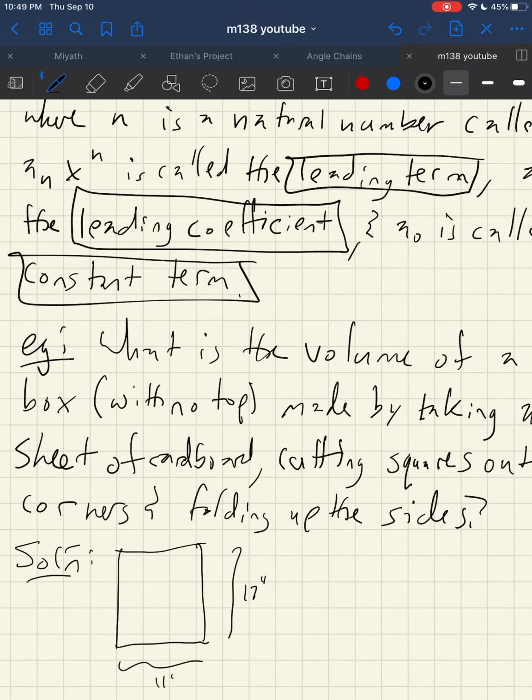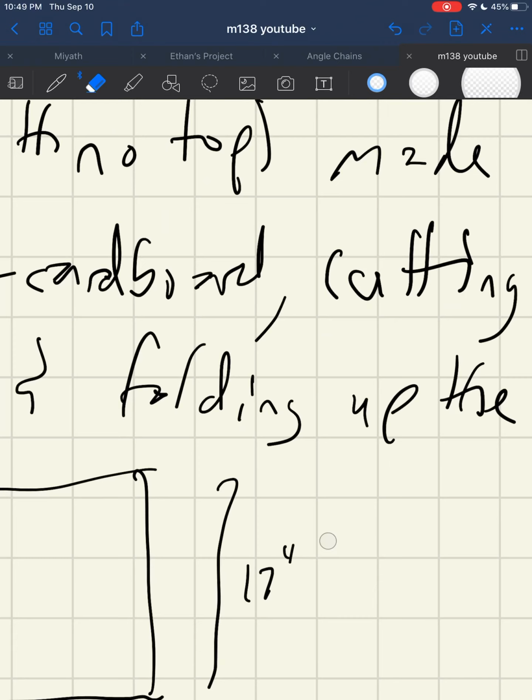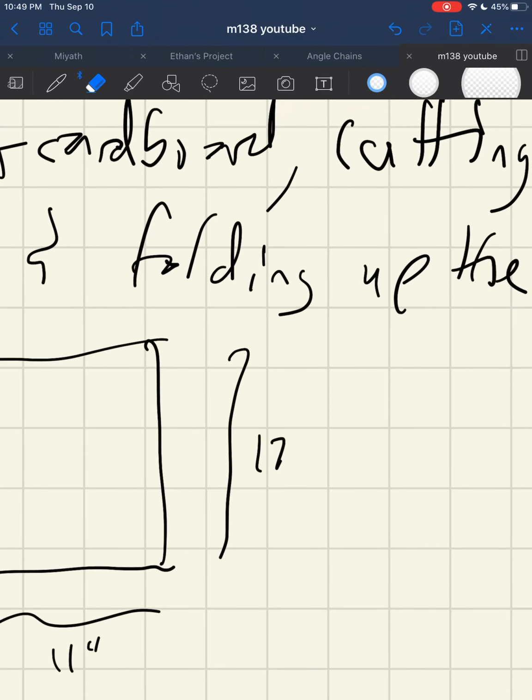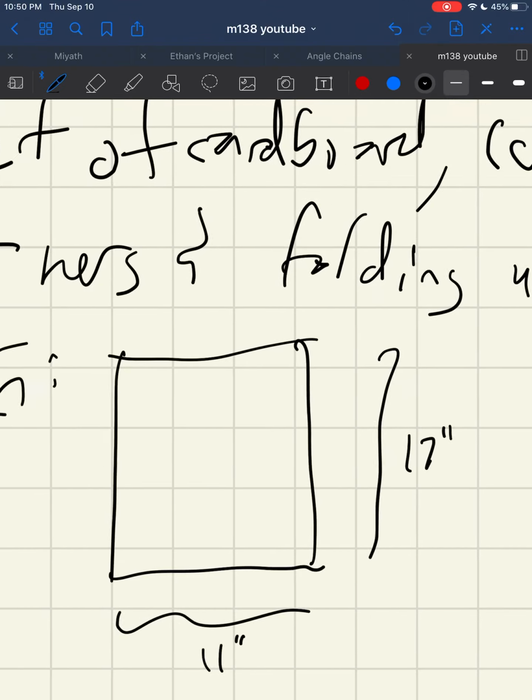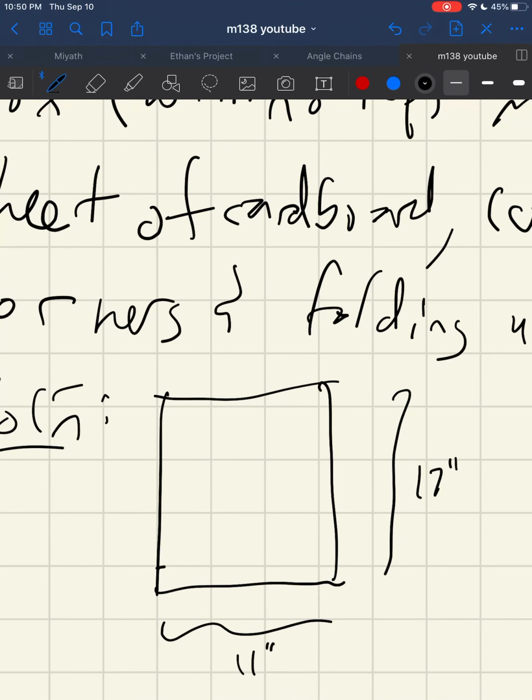So this is 17 inches, this is 11 inches, and this little quote means inches. And what I'm going to do is cut the corners out, and then fold along the dotted lines.